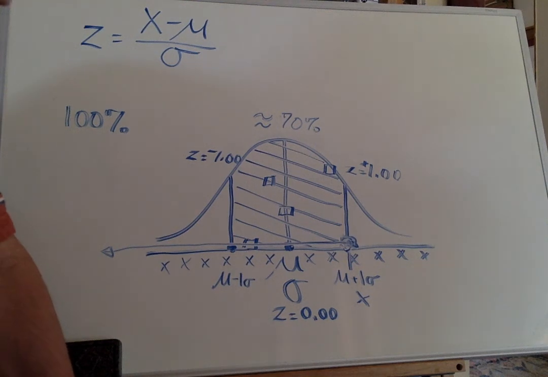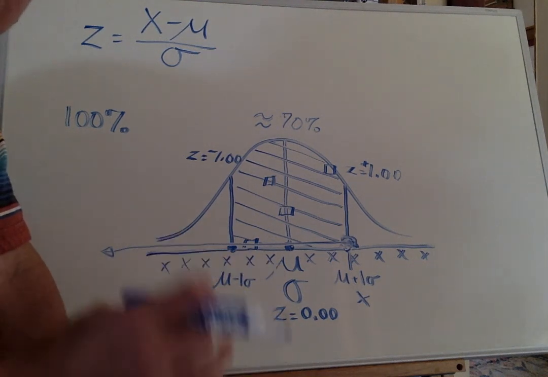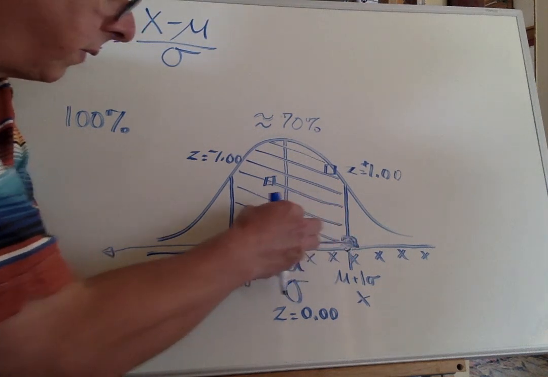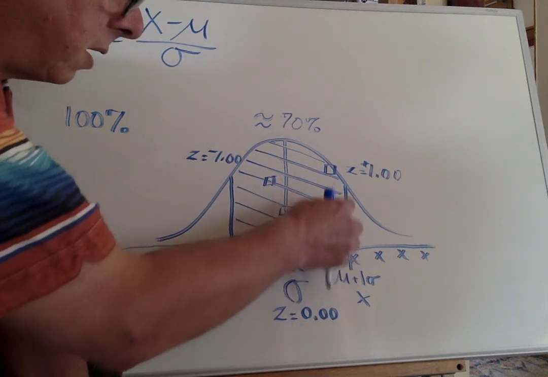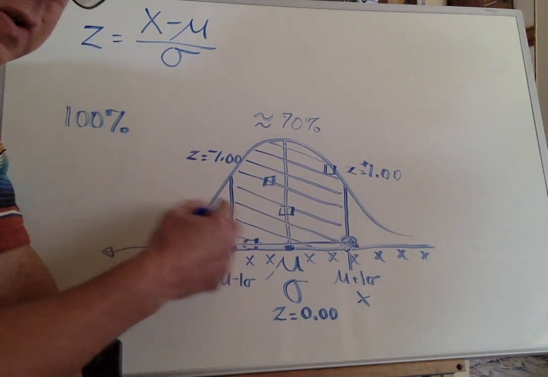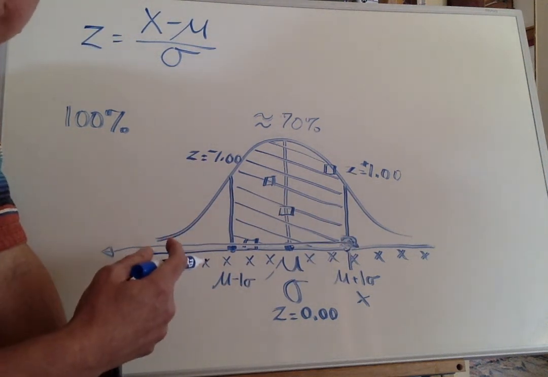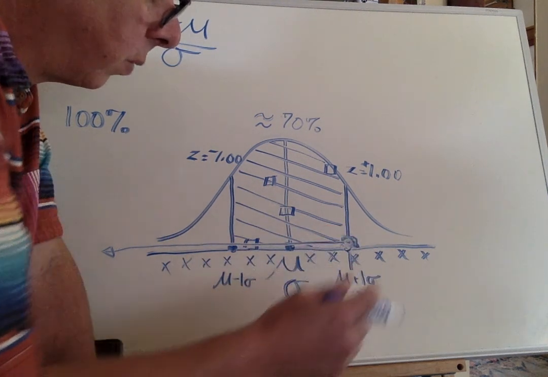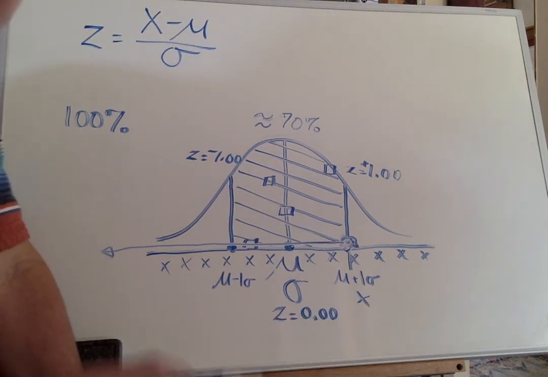So the question I'm asking is, what percentage of the distribution is at that line or below? Really, I could shade in that entire area. Everybody with me? If you're here, what percentage of the blocks is at or below that point?